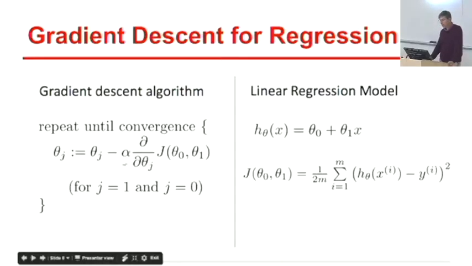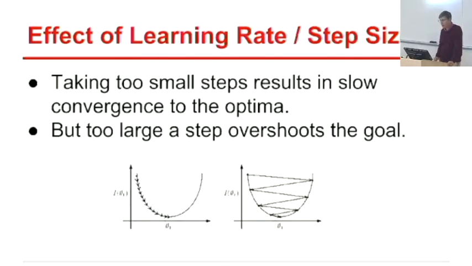If this parameter is large, we will move quickly towards a goal, or we will overstep it. I've got a slide here to this effect. If we are at a point and we use a very, very small step size, we will jump down slowly towards the goal, always making progress, but it might take a long time to get there.